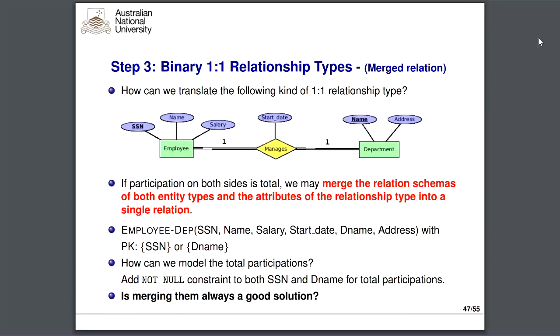We can also add not-null constraints to both the SSN and the department name. This means each employee manages a department, and this department is always managed by an employee. That's called total participation, right?